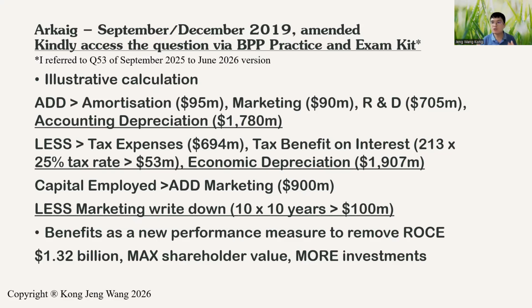So make sure you show your working clearly, right? Let's say your EVA figure is not 1.32 but another figure, and it's also positive. That will give you marks as well because you apply the EVA formula in the right direction.